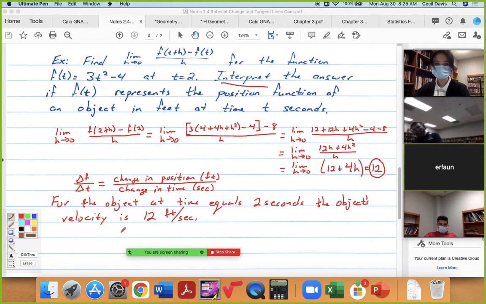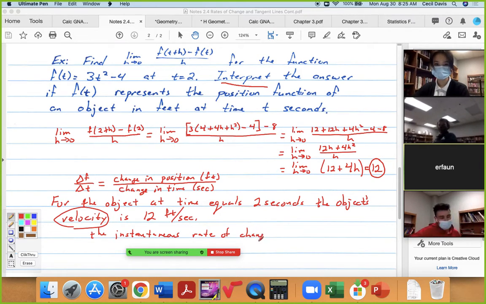And they would have accepted, if you didn't write velocity, that you could have also said the instantaneous rate of change in position with respect to time.